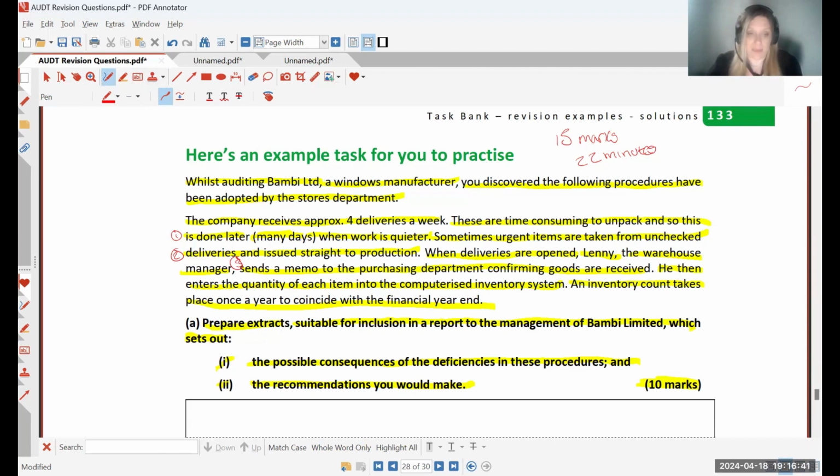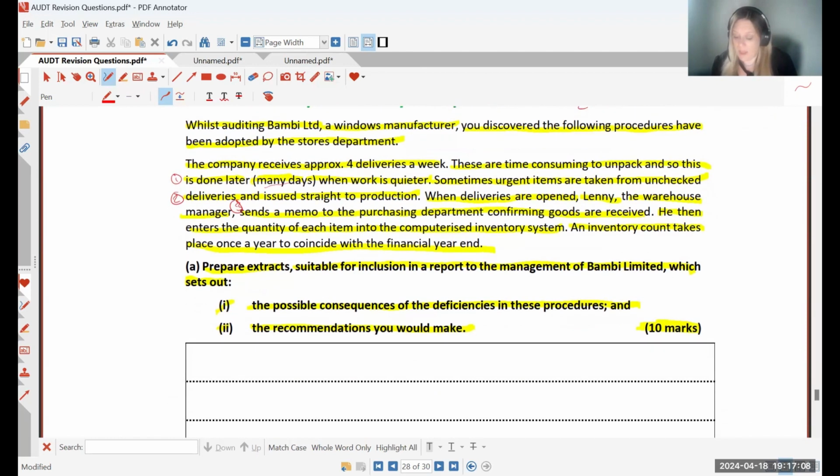What else can we see? Well, goods are being received. Many days later, they're being unpacked. So by the time they're actually being updated onto this inventory system, it's quite a while later, right? So that inventory system is not up to date. So it could be that they run out of goods, they could have too many goods and they're ordering too many materials, all different things could be going on there.